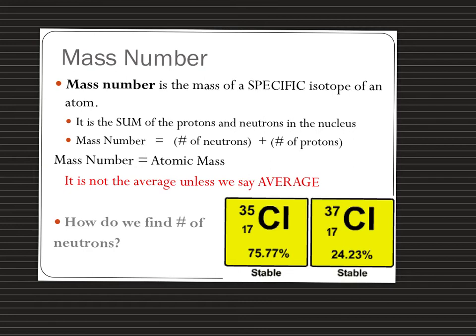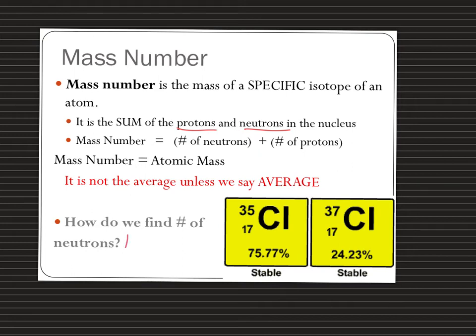Okay, so mass number is the mass of a specific isotope of an atom. It's the sum of protons and neutrons in the nucleus. To find your mass number, of course you would add those. And then how do we find the number of neutrons?